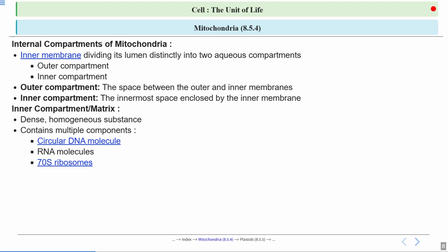Now, what do you mean by symbiotic association? In symbiotic association, both the interacting partners are benefited.